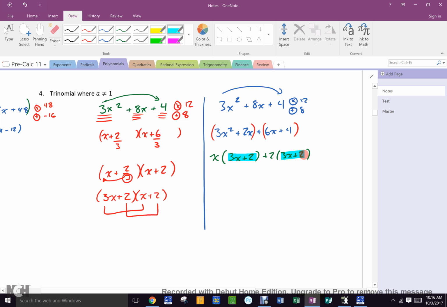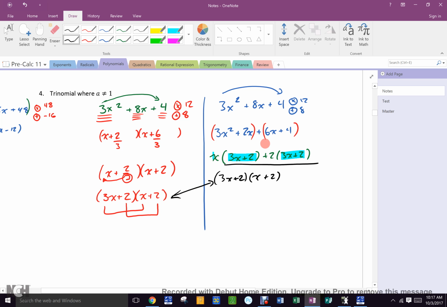So aren't they a common factor? Because isn't this x times that? It is, right? So that means I can take 3x plus 2, and if I divide that out, what am I left with? X plus 2.